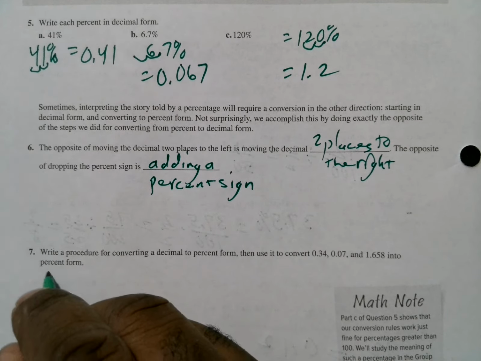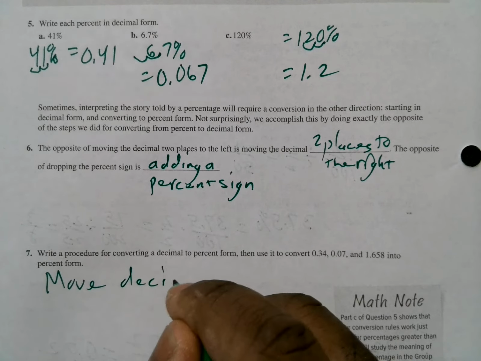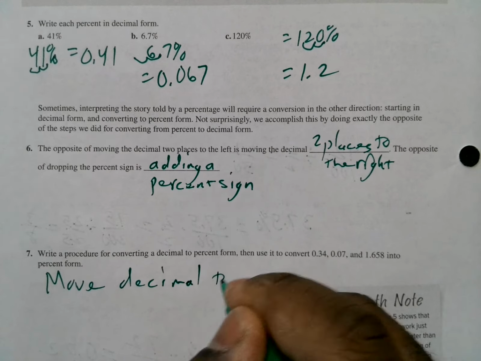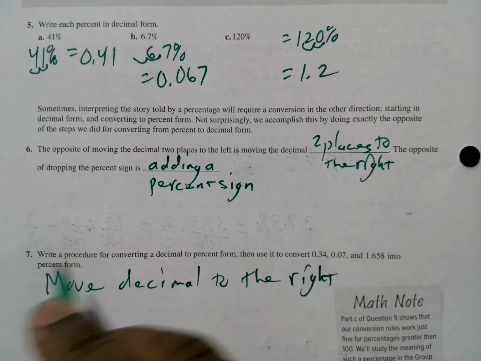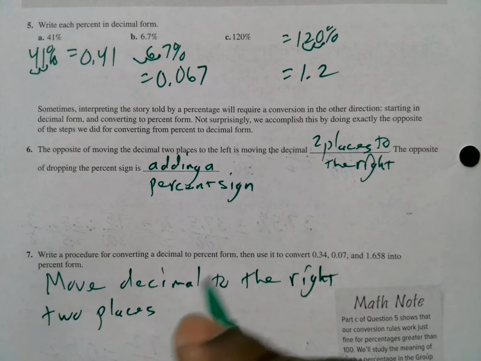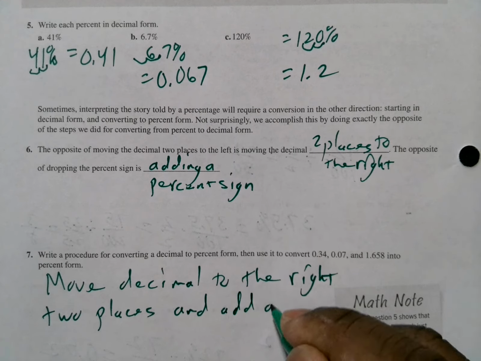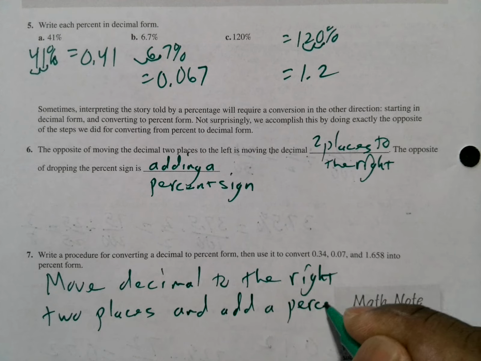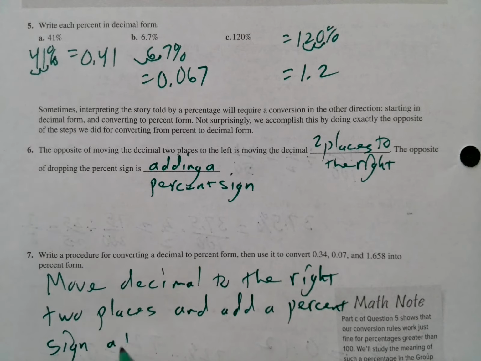So we will move the decimal to the right 2 places and add a percent sign at the end.